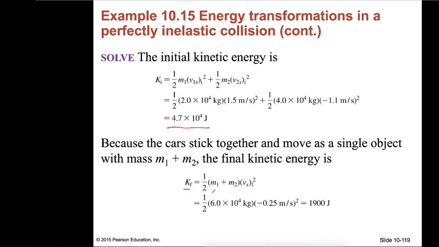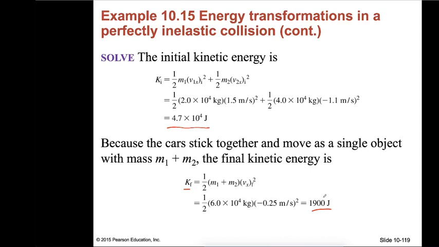And the K_f, the final energy, is 1/2 of the total mass times final velocity squared, because they stick together, so they have the same speed. So that's this number. So you will see the initial kinetic energy and the final kinetic energy are completely different. So it's losing a lot of kinetic energy from the initial to the final states.